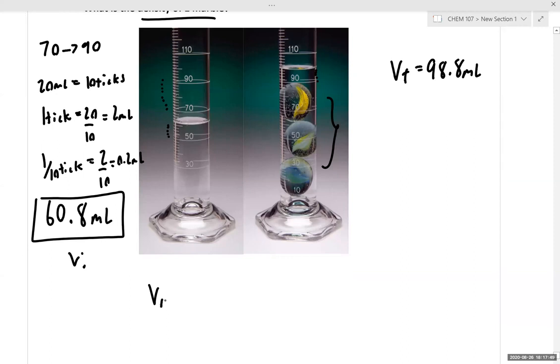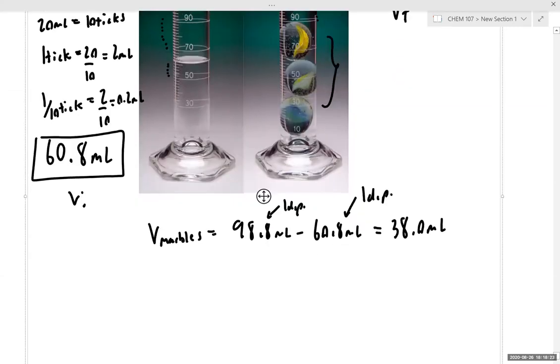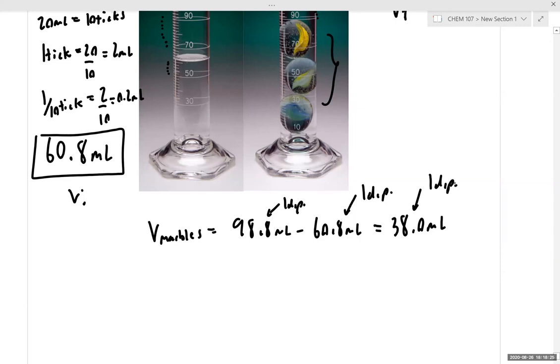To calculate the volume of our marbles, we have 98.8 milliliters minus 60.8 milliliters, and that gives us 38.0 milliliters, respecting the fact that each of these numbers has 1 decimal place, so our final answer has 1 decimal place.